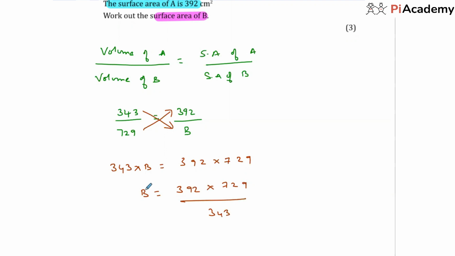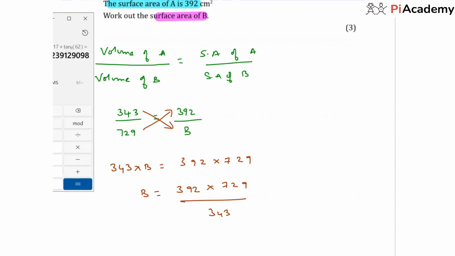Calculate it. 392 times 729 is equal to so much. Divide that by 343.